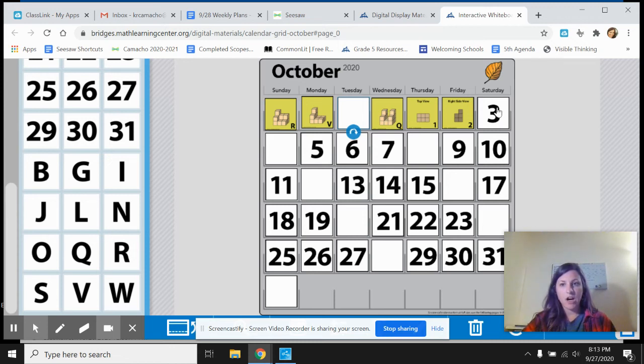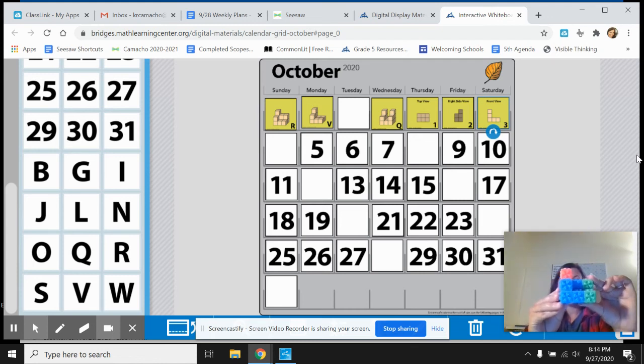I'm going to flip over our last clue. And I'm not going to tell you which one this is. You're going to have to tell me. Is it R? Is it V? Or is it Q? And here is your final clue. So the front view, I'm going to show you the front view.